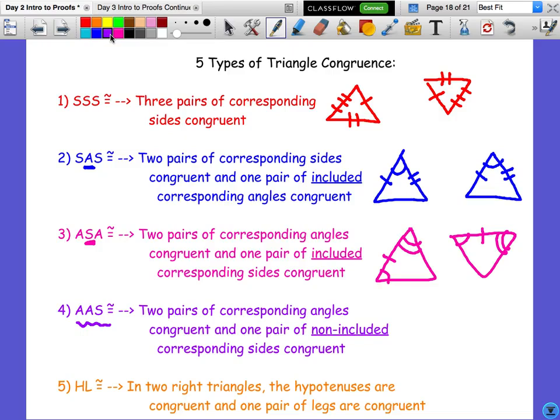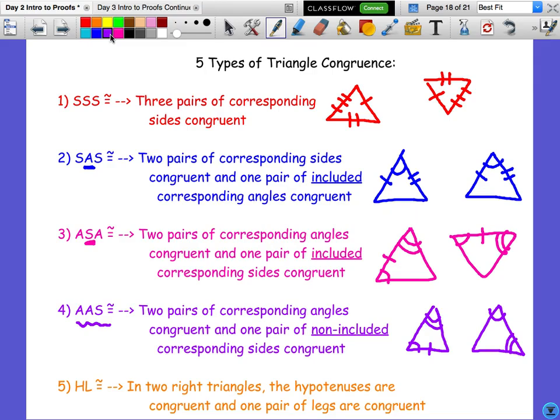Now for the next one, we do not have that sandwiching effect. We have 2 angles and a separate side. So we're going to draw any 2 triangles we want. We're going to mark 2 pairs of corresponding angles. And then we're going to pick one of the non-included sides. So I might pick the one beside the single marking and the empty angle, if you will.